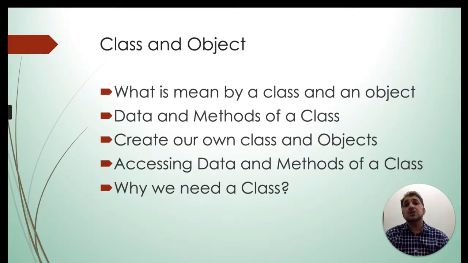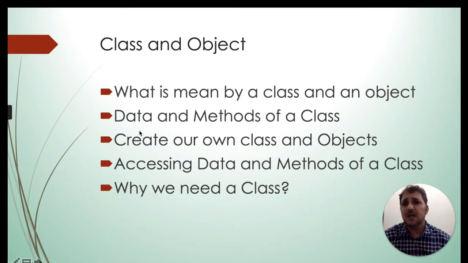So why we need classes and why we need objects, we will study all these things in detail. The rest of the whole course will be about classes and objects, and different properties of objects and classes. What is meant by class and what is meant by object, we will study.